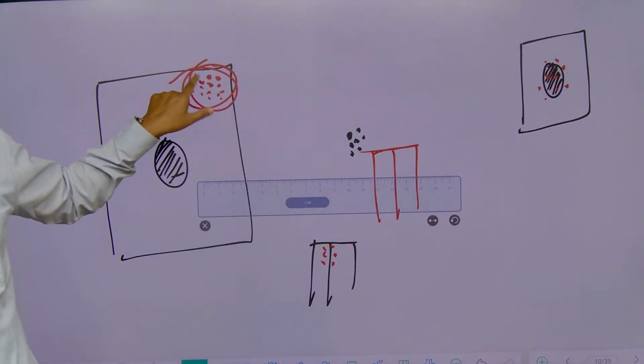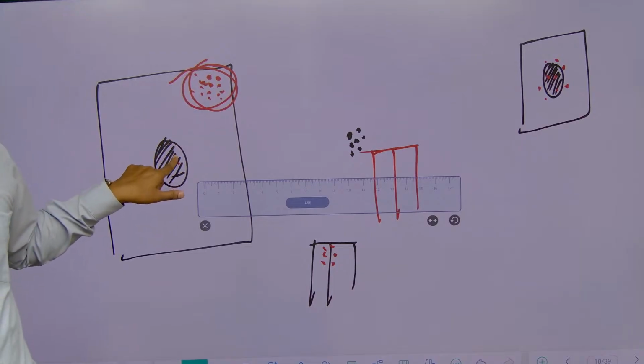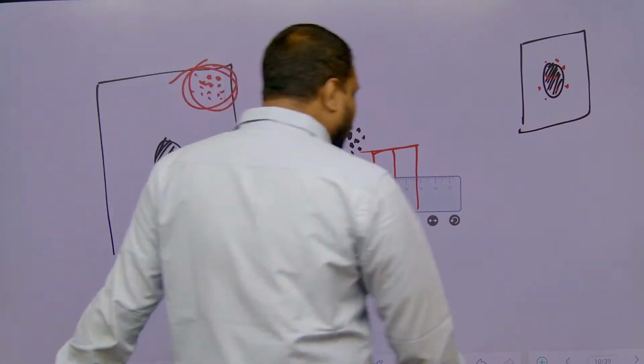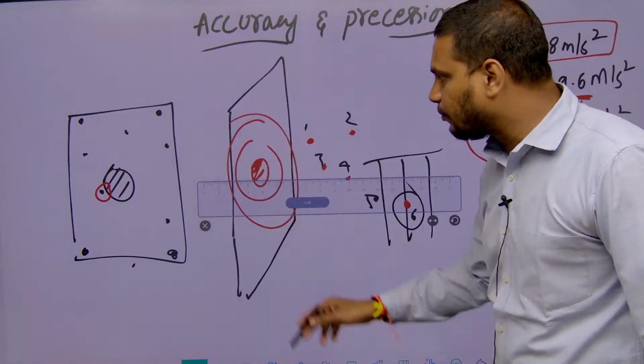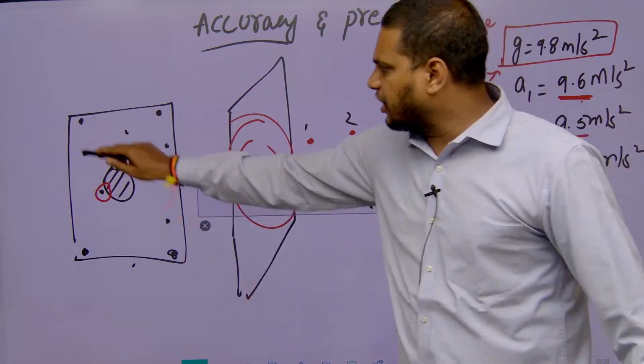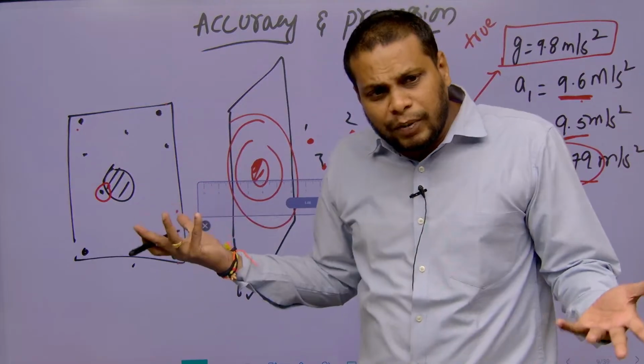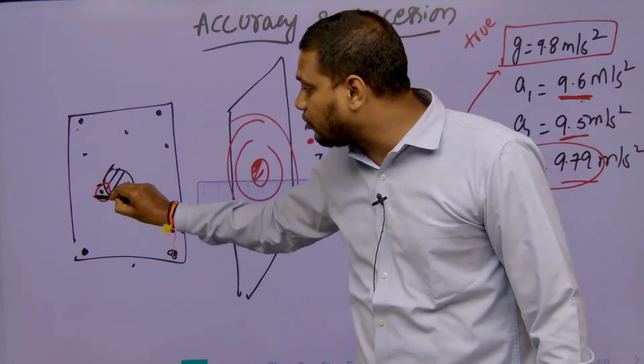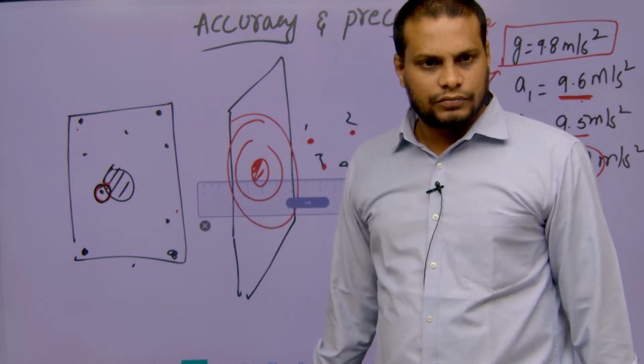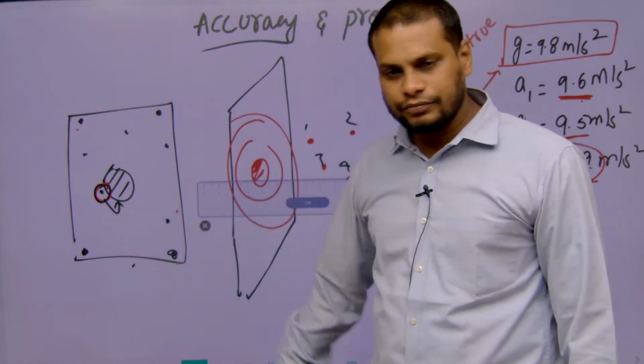We have more precision, but there is no accuracy. Now see the next example. Here there is no precision at all, but more accuracy is there, because we are very close to the true value.